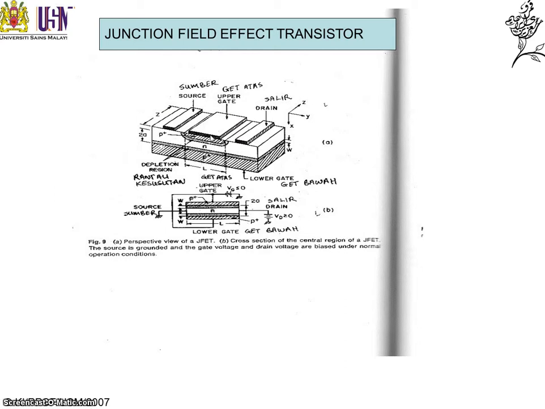So you can control it to amplify small AC signals or to switch the device on and off. These two operations, amplification and switching, are the basis of quite a lot of electronic functions. So hopefully we get a foundation to understand both bipolar and field effect transistors, and you can compare the two.